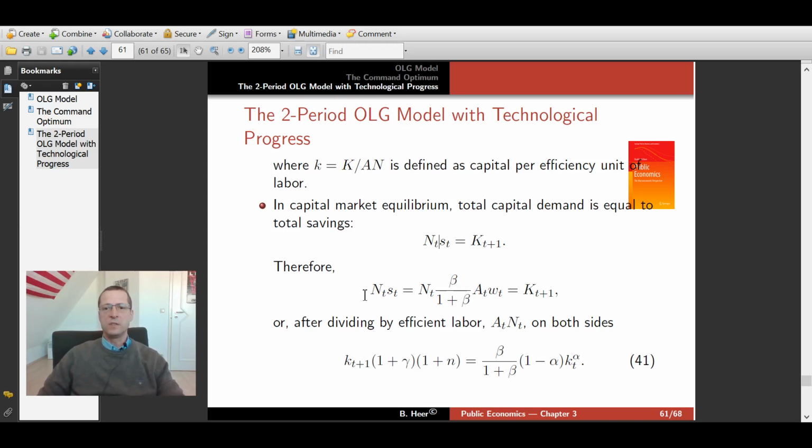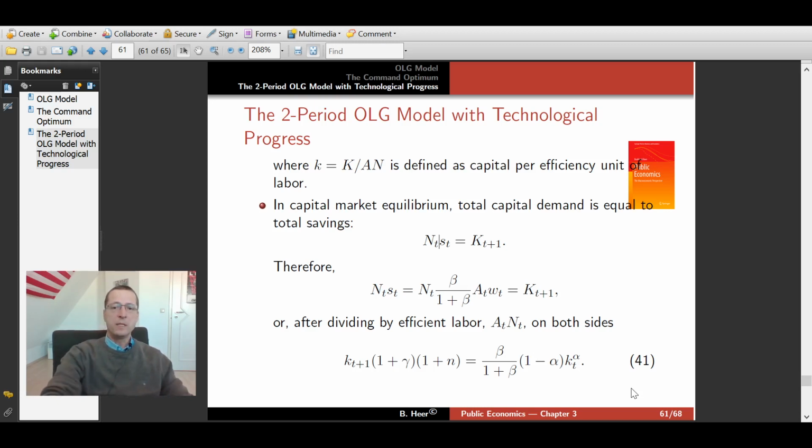So N_t s_t is equal to K_t+1. Divide this equation by the number of people N_t in period t, the number of young people, of workers in period t. And then we just get a dynamic equation in the capital intensity k_t. So 41 describes our new dynamics.